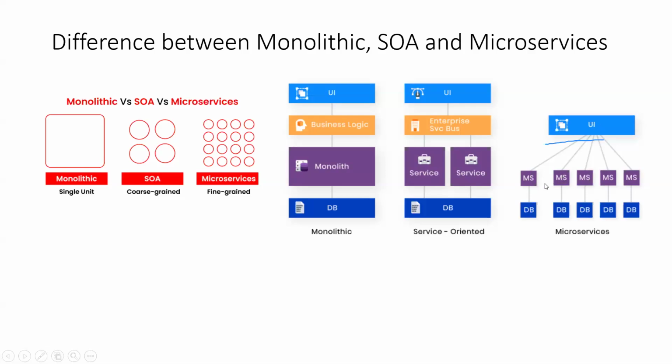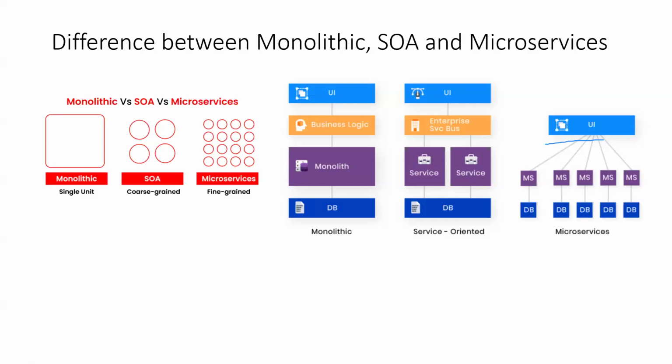Each and every microservice is loosely coupled and has its own DB. That's a very important part. Every microservice has its own DB so that we meet the ACID properties. What are ACID properties? That's a different story. The ACID properties are the base for maintaining database consistency, right?